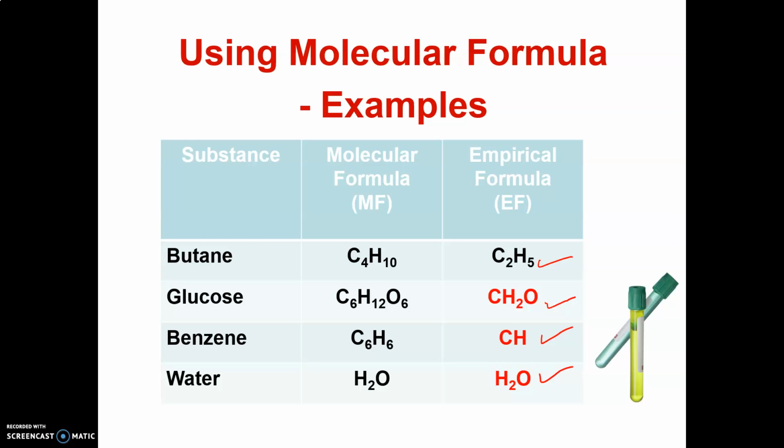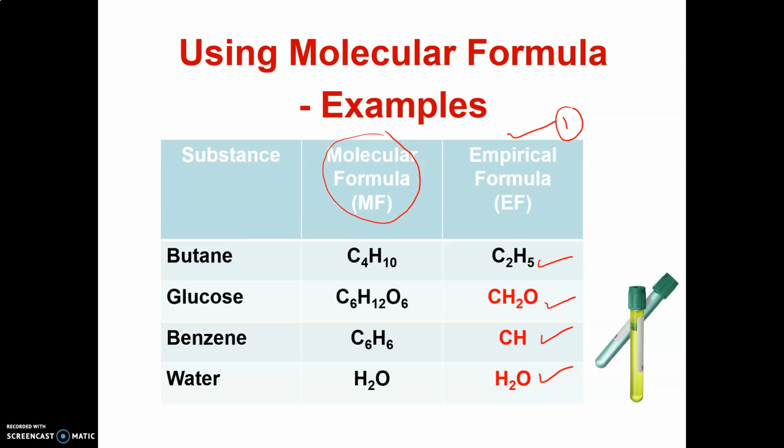Now, this way, we have learned how to find the empirical formula using the molecular formula. But what if we don't have the molecular formula? How can we learn to deduce the molecular formula? If we don't have the molecular formula, first we have to deduce the empirical formula.